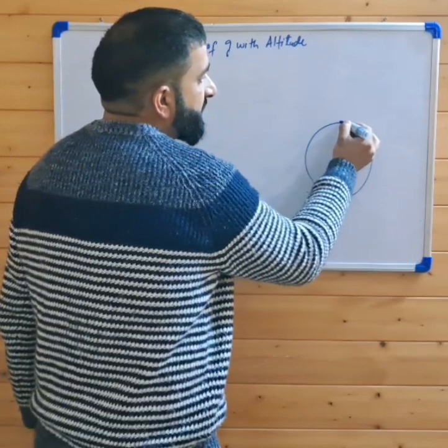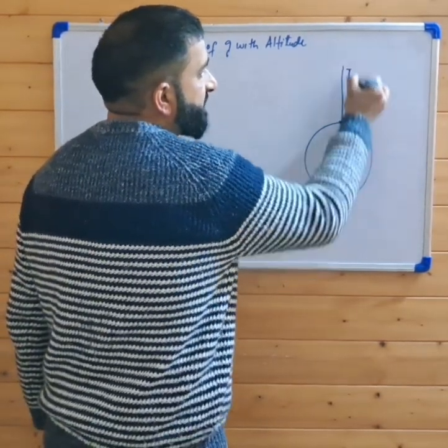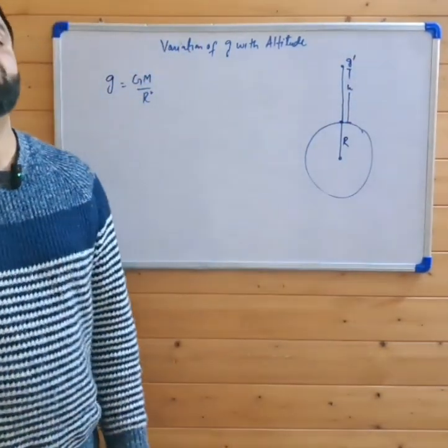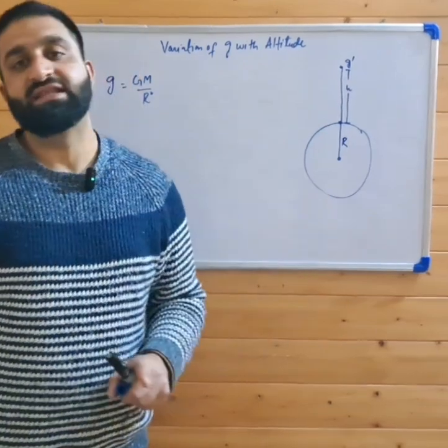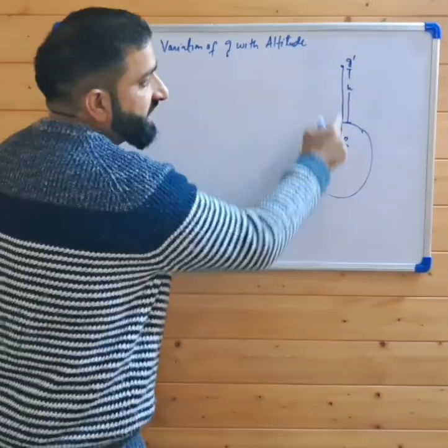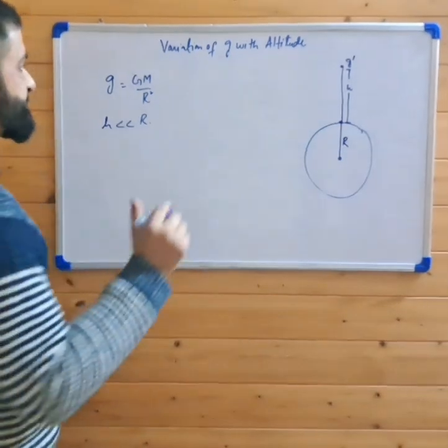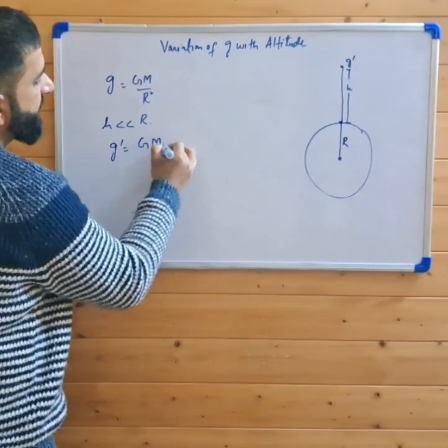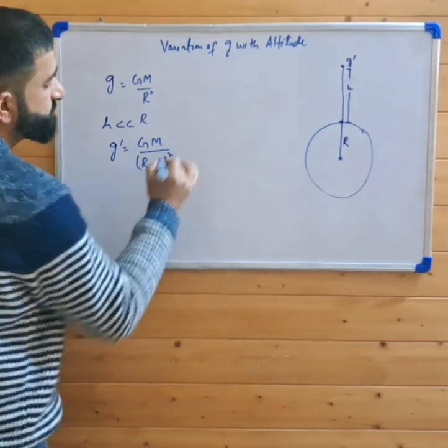Let us calculate the value of acceleration due to gravity at a height h. Let that be g dash, but remember this h should be less than r. Here at this point the distance from the center of earth is r plus h, so we can show that g dash is equal to GM by r plus h whole square.